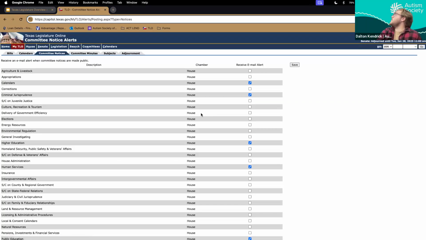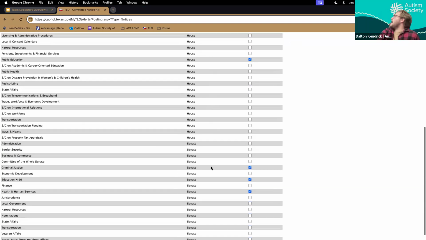Or committee notices. I've got a couple of these turned on already. Anytime committee notices are made public, so whenever they make announcements about bills or bills being opened for testimony and things like that. Like I have calendars, criminal jurisprudence, higher education, things like that.